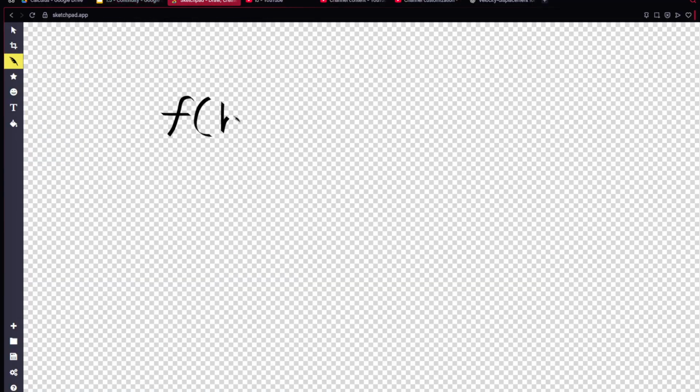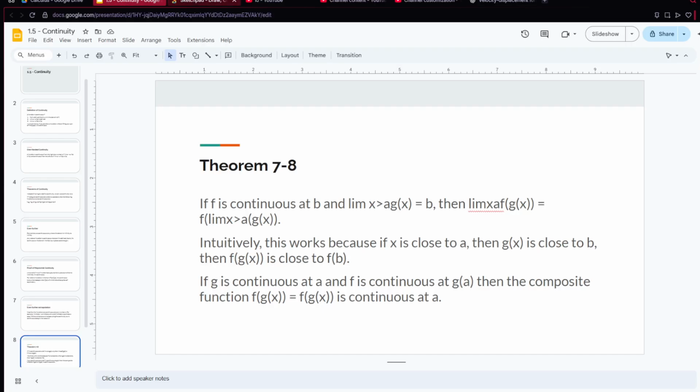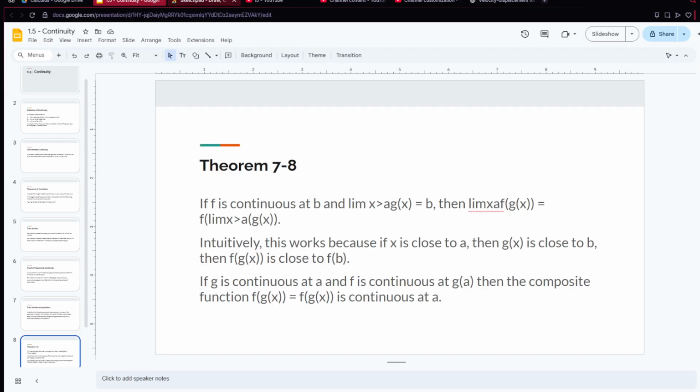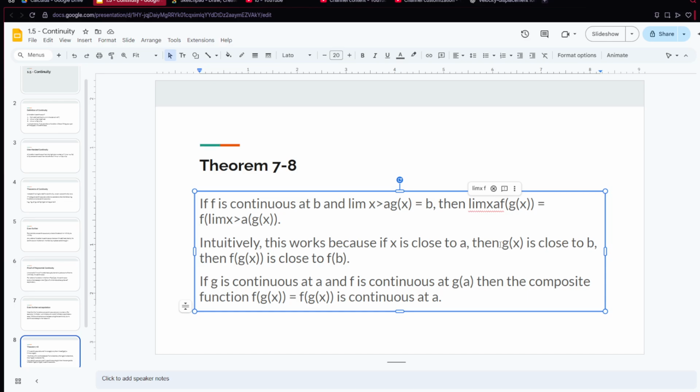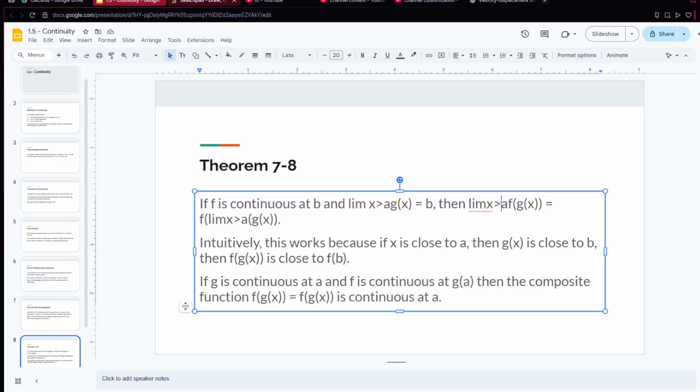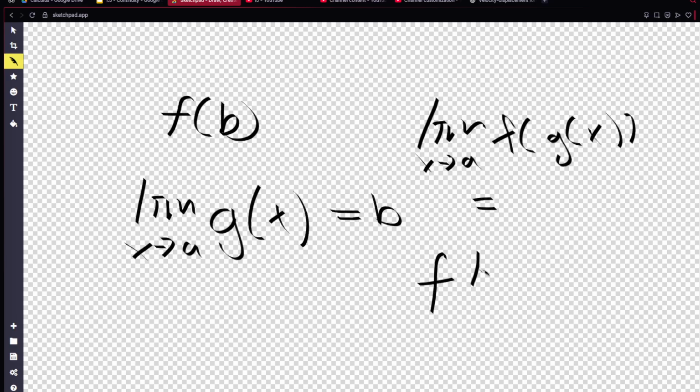So, if f is continuous at b, which means it's defined at b, and the limit as x approaches a of g of x is b, then the limit, I'm reading it because I don't have it memorized, as x approaches a of f of g of x is equal to f of the limit as x approaches a of g of x.